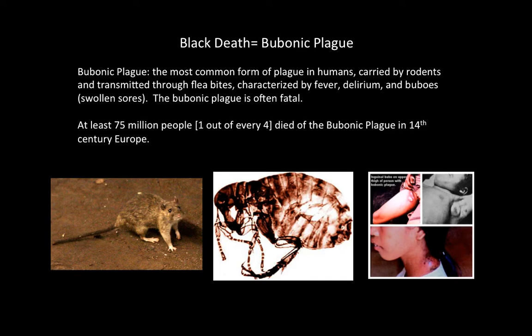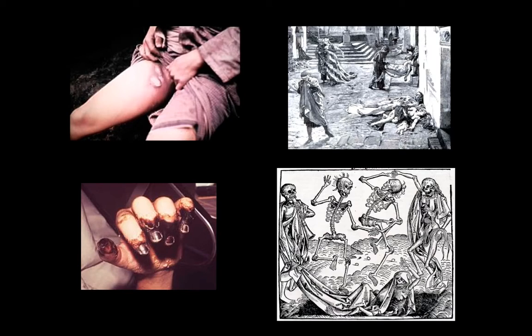Nowadays there is a cure, but during the 1400s there was no known cure, and there was an outbreak of the bubonic plague that killed at least 75 million people in Europe during the 1400s. That would have been about 25% of the population, which is enormous.